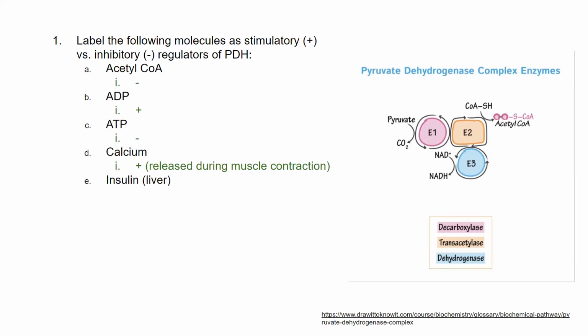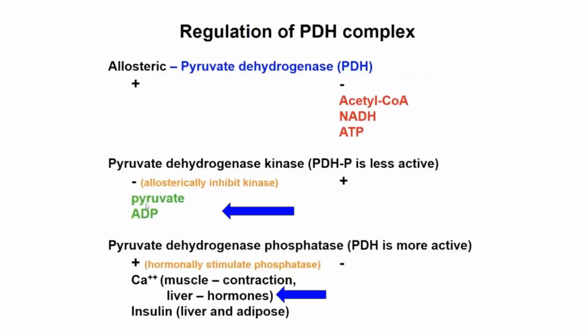How about insulin? Activate, good. NADH. And pyruvate. Very good. So that's it, okay? There's seven of them. It's kind of crazy, but if you think through all of them, they should all kind of intuitively make sense. It's just that there are 7 of them, so that's a lot.